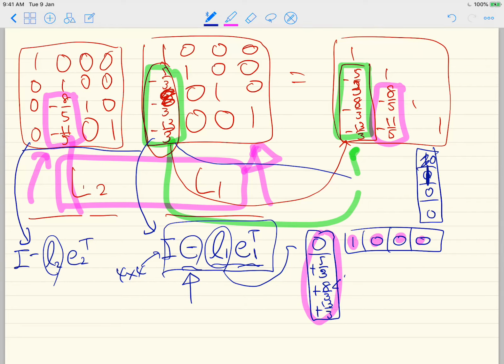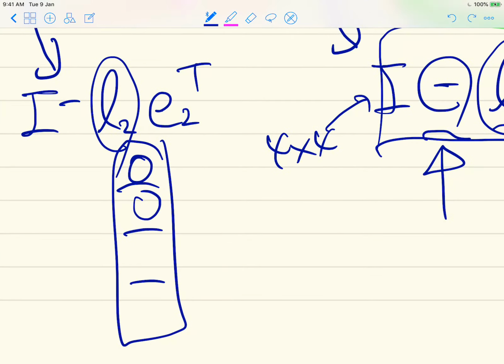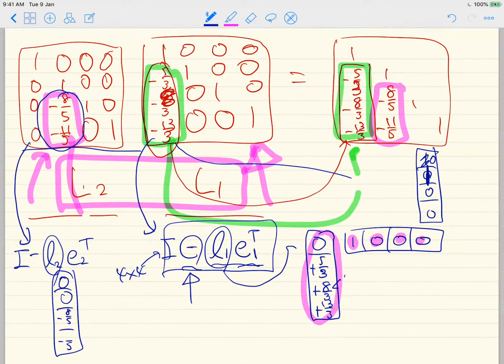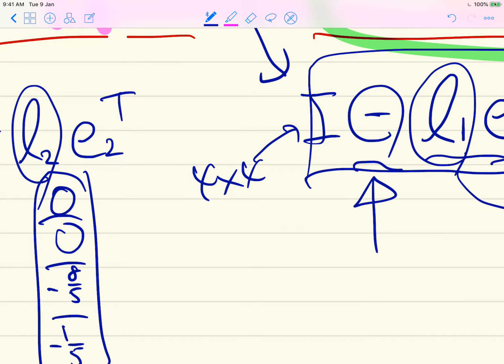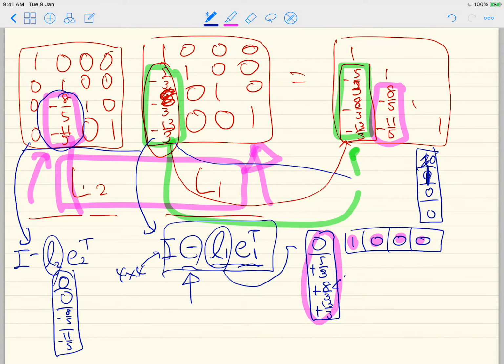L2 is like 0 0, and we just bring this column into this part, and E2 is 0, 1, 0, 0.